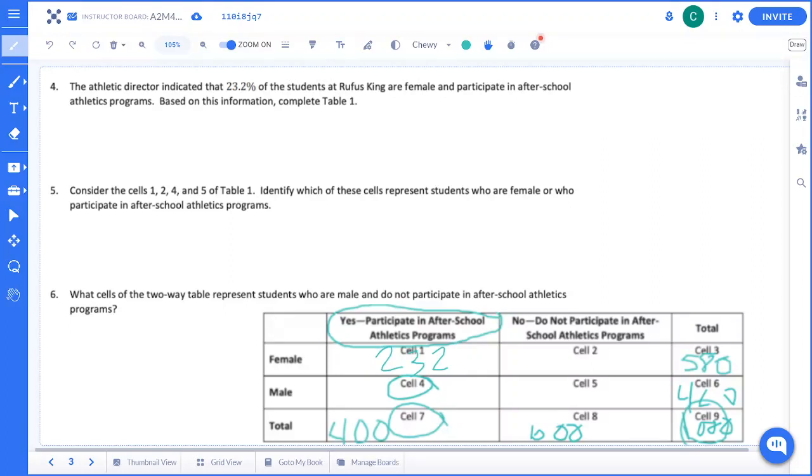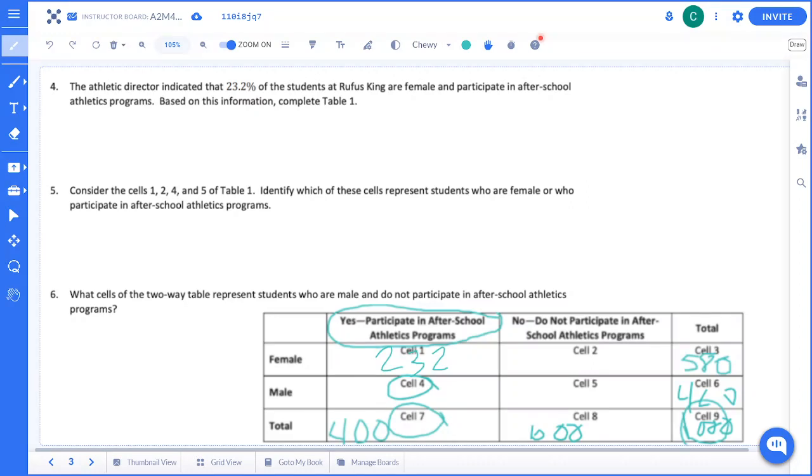Now, we also consider the cells 1, 2, 4, and 5. This is number 5 of table 1. Identify which cells represent students who are female who participate in after-school programs.